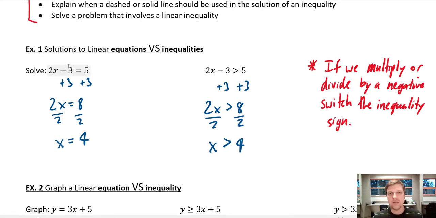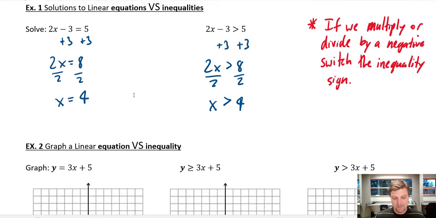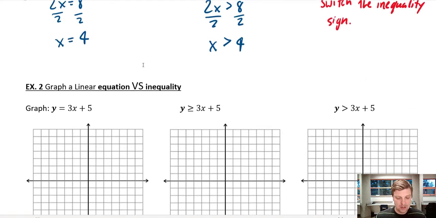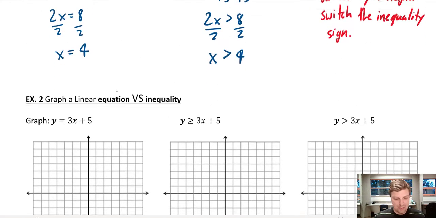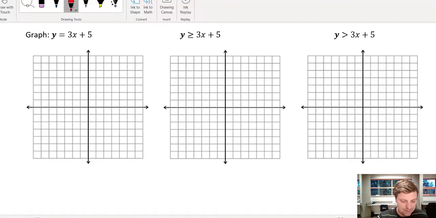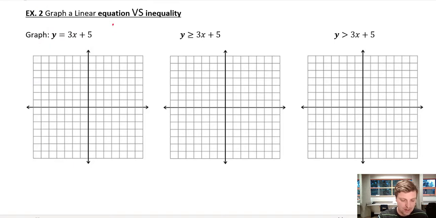So working algebraically with inequalities is really straightforward, but often we want to just demonstrate them graphically. If I have a similar, not quite the same equation as I had before, but now I have a function, for example, y is equal to 3x plus 5, I can graph that. That is straightforward. So I know that my y-intercept is 5. 1, 2, 3, 4, 5.